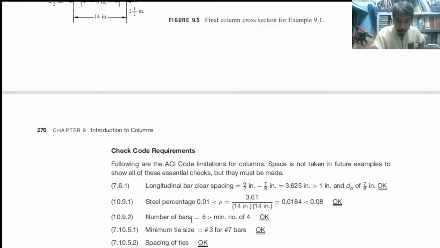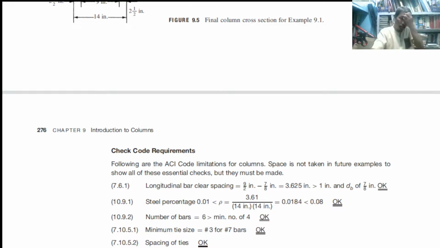Number of bars, 6. That is okay because for rectangular, 4 is the minimum. Minimum tie size, number 3, that is okay for number 7. Spacing of ties, okay, that is the minimum dimension. Arrangement of ties, okay.